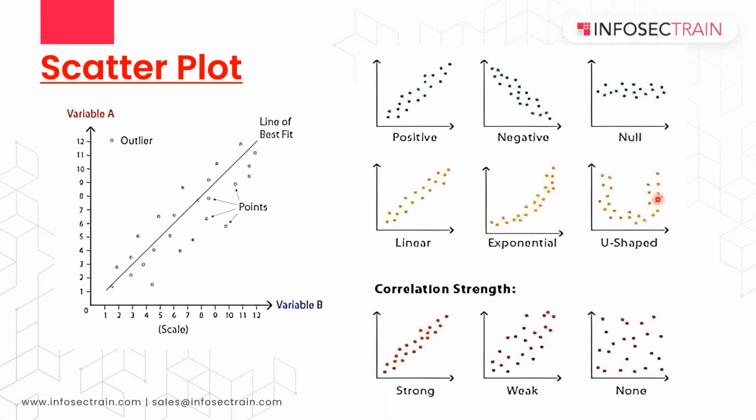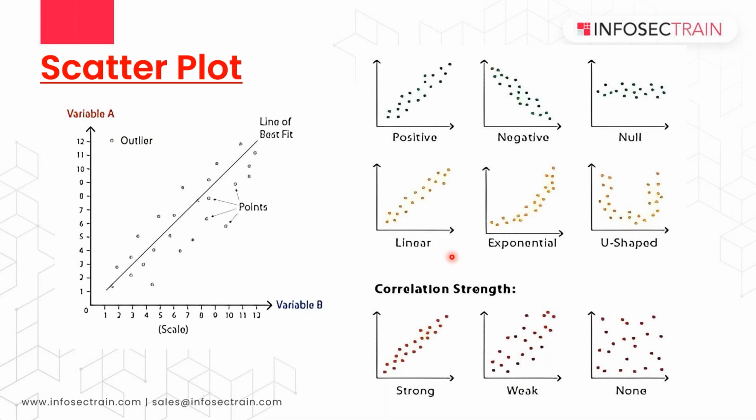Now when we are talking about linear correlation or linear relationship, at that time we'll be talking about the correlation term. Correlation totally depends on the linearity of your data, right?